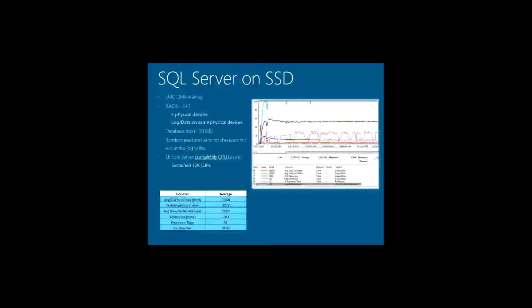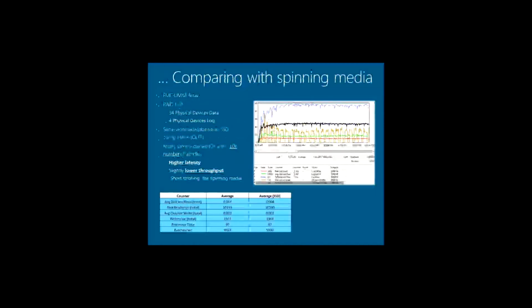Writes per second, 1900, almost 2000. 97% processor, and 5100 SQL transactions per second. Comparing that with spinning media, we achieved about the same rate of disk reads per second and disk writes per second. However, in order to do that, we needed to use 10 times the number of spindles.